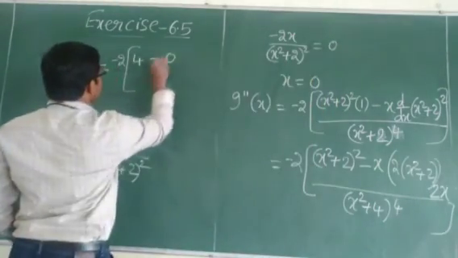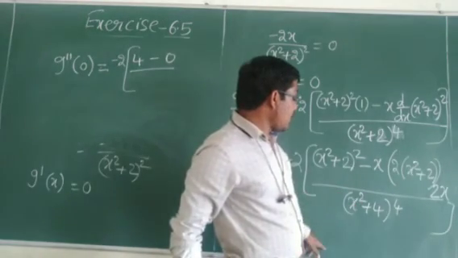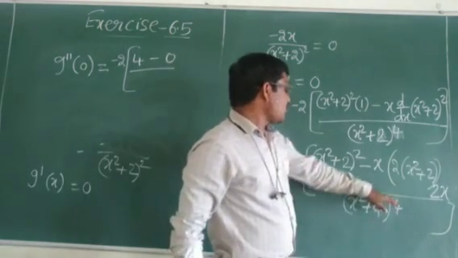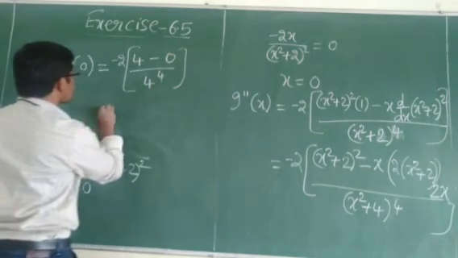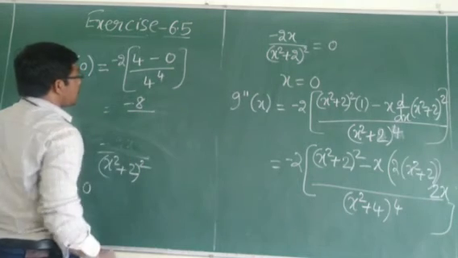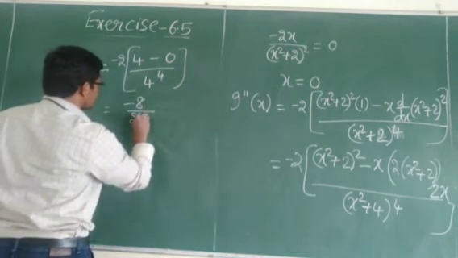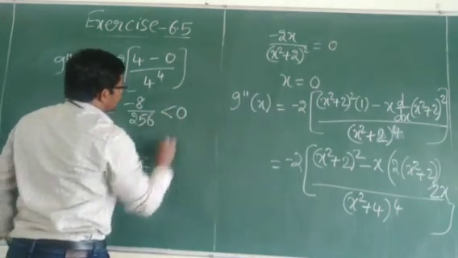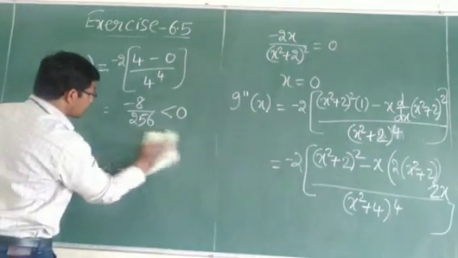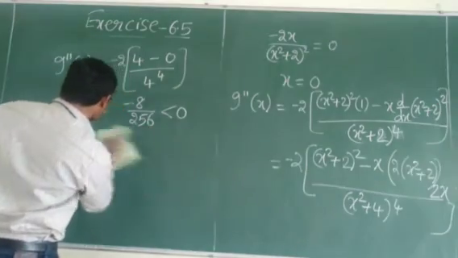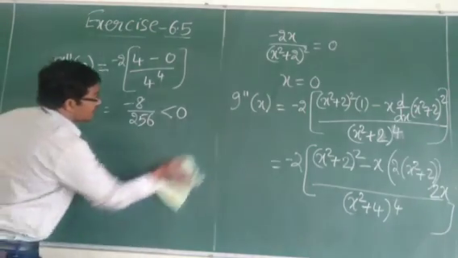So it will be minus 0, and the denominator, if you substitute 0, is 0 square plus 2 whole power 4. That will be 2 power 4 squared, so minus 8 by 2 power 8, that is 256. So this is less than 0. This is important. The sign is important, whether you are getting less than 0 or greater than 0. Here you can see you are getting less than 0.